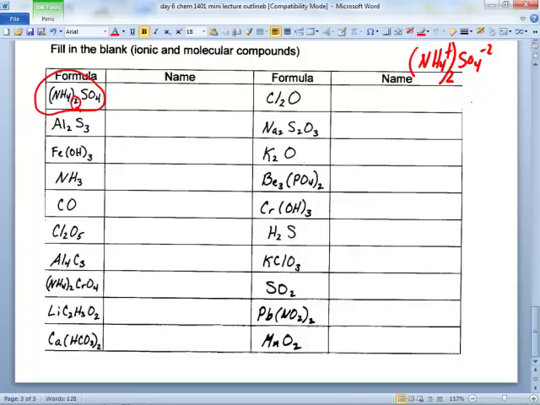The next one is going to be sulfide. Right? This guy's a -2. He's a +3. That's where the subscripts are coming from. And this one is something sulfide.